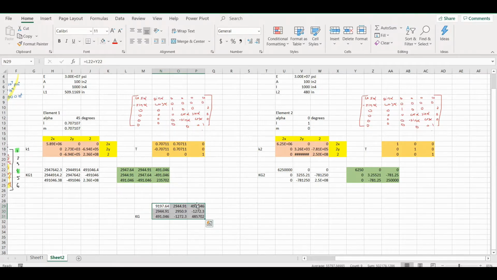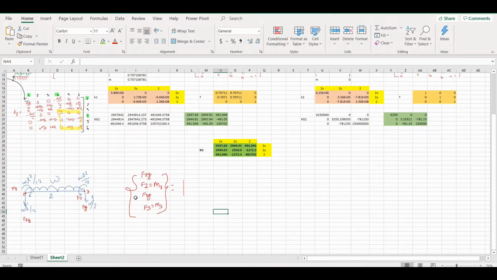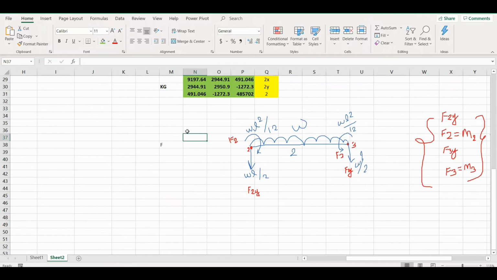Now this is our global stiffness matrix, and this is particularly for these degrees of freedom. Now our force vector will look something like this. So let's make our force vector, which is F. Now here we'll have F2y, F2, F3y, F3.